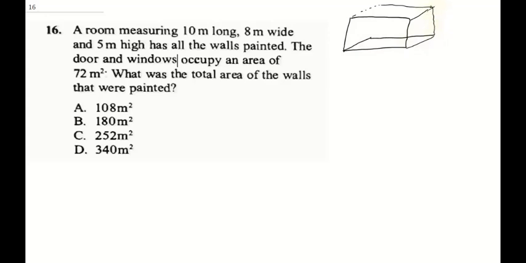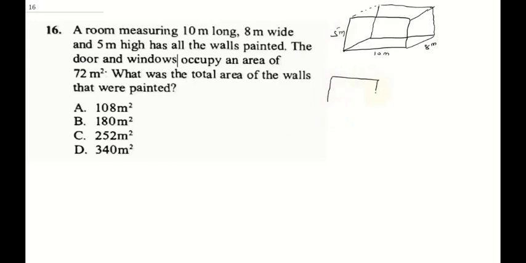Now notice, your room has a 4-corner wall and is a rectangular room. Now notice that it says it's measuring what? 10 meter long and 8 meter wide. So I want you to know we're going to bring out two types, and it's measuring 5 meters high. So we are going to bring out two rectangles.